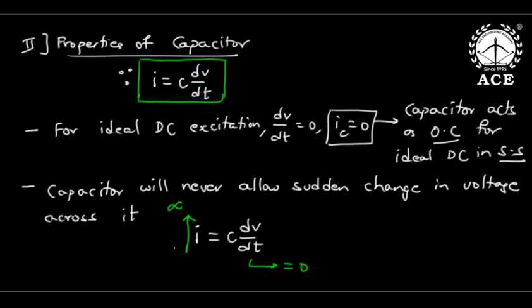So that is why we say a capacitor will not allow sudden change in voltage. That is how you have to argue in the exam: a sudden change in voltage in zero time will need infinite current, which is not practically possible.